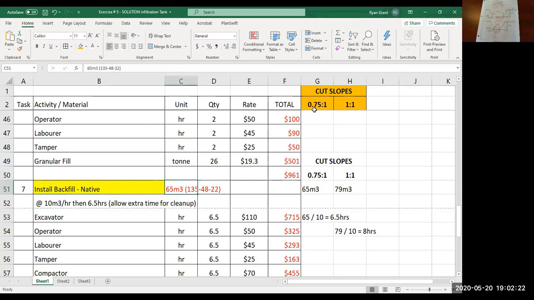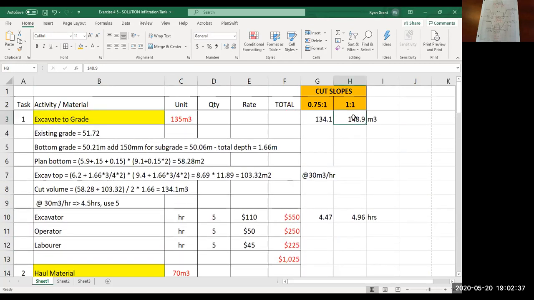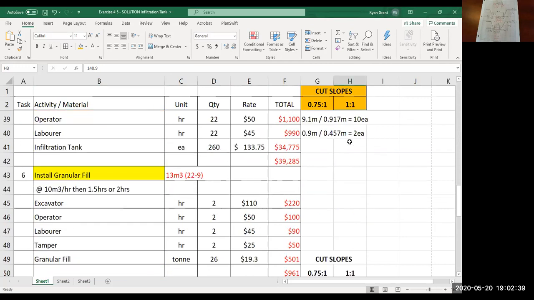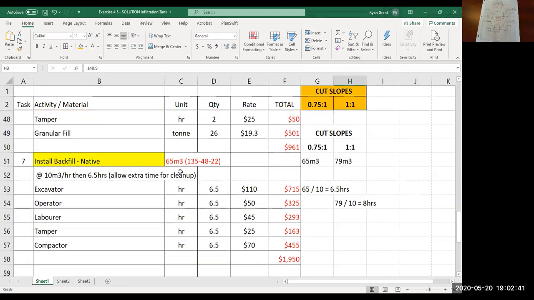So 65 is based on 3/4 to 1. If you use 1 to 1, your calculation should have been approximately 80 cubic meters. Starting out with, say, 149 cubic meters, subtract 48, subtract 22, gives you about 80 cubic meters of native backfill to go back in.